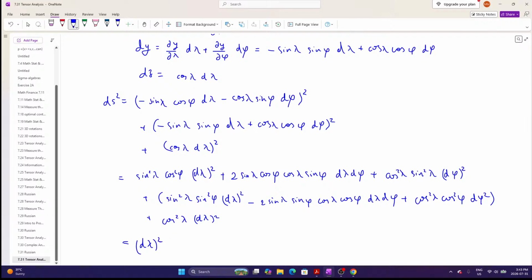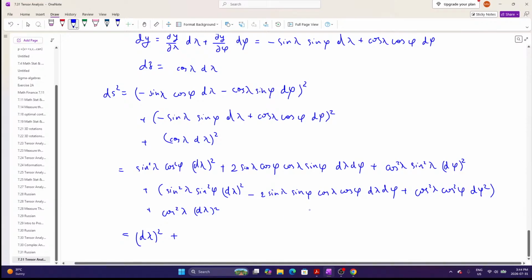That's pretty nice. And notice how the cross term vanishes. Sine of lambda sine of phi cosine of lambda cosine of phi appears with opposite signs, so they cancel. There's no cross term, which is fantastic. Even though this looks horrible, it's actually pretty nice.